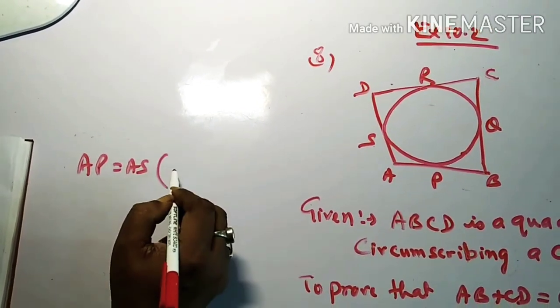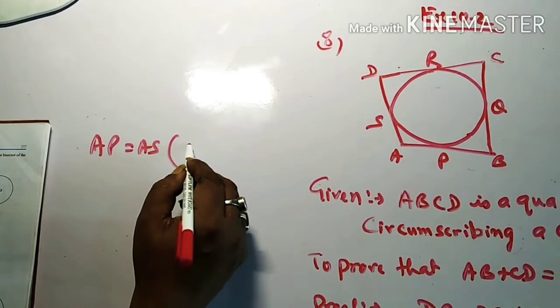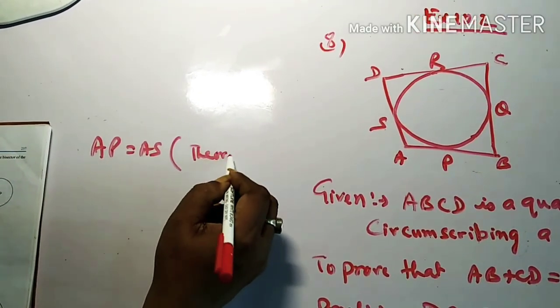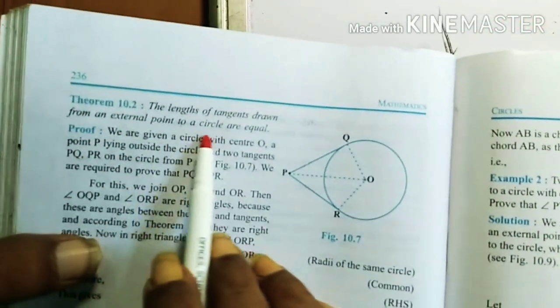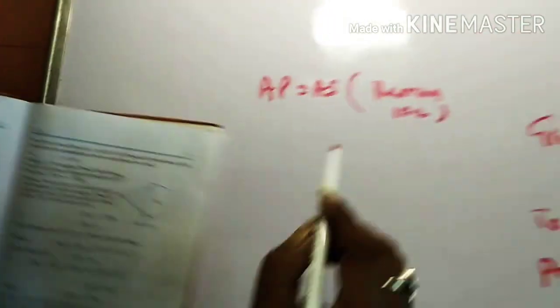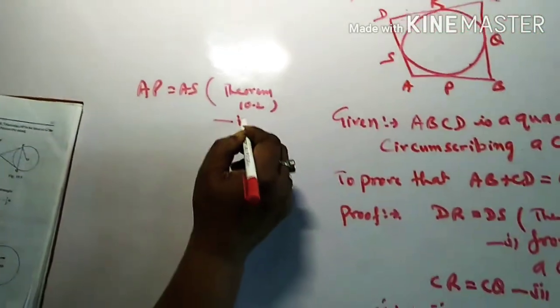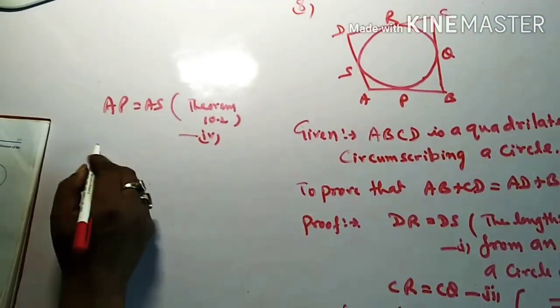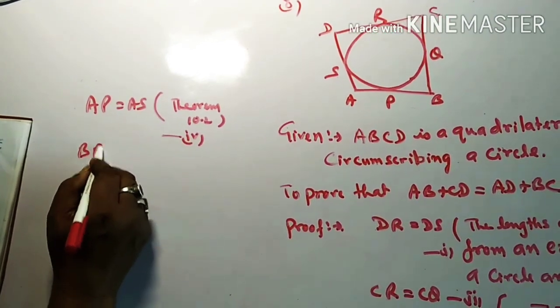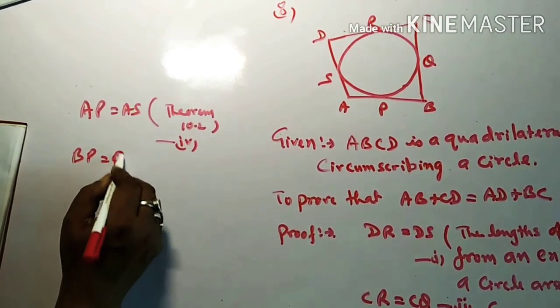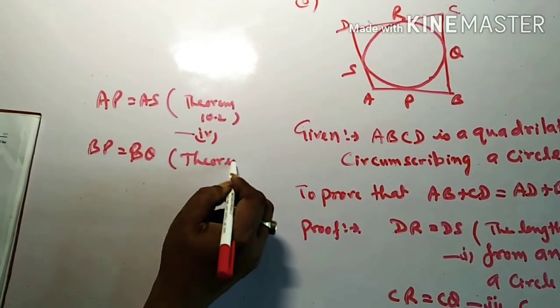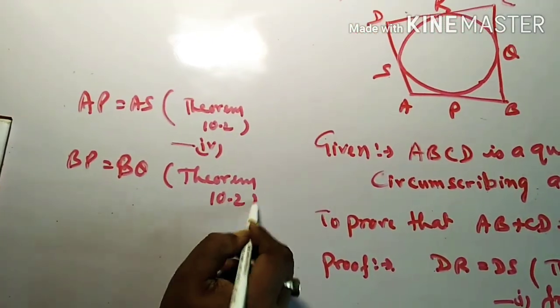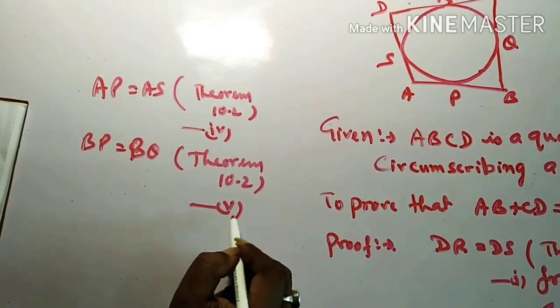The same theorem 10.2, that the lengths of tangents drawn from an external point to a circle are equal. So this is equation 4, and BP is equal to BQ, same theorem, this is 5.